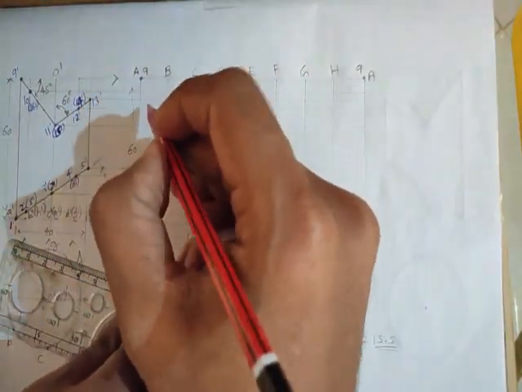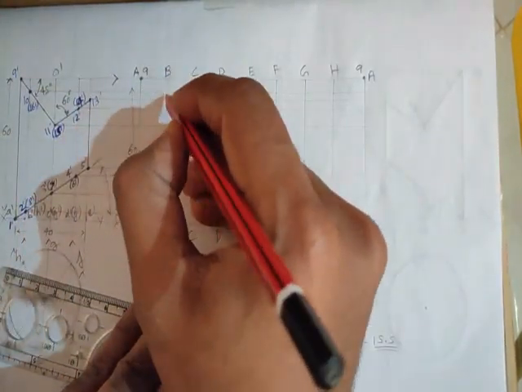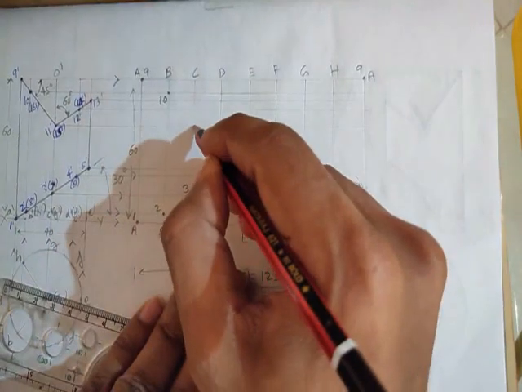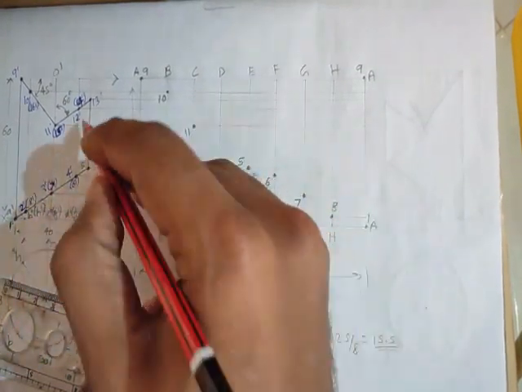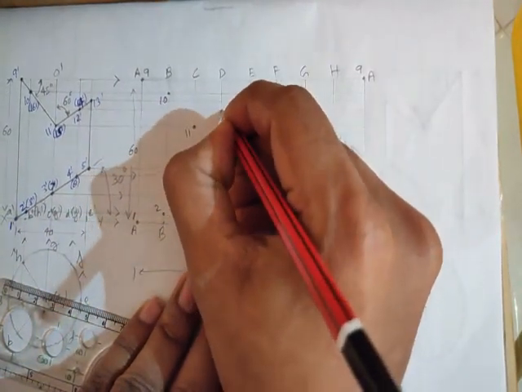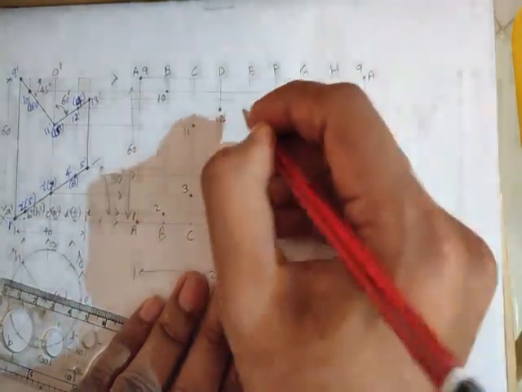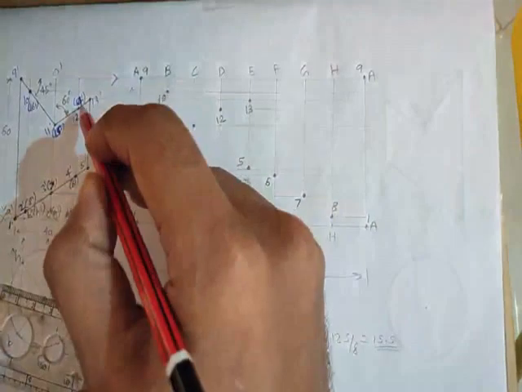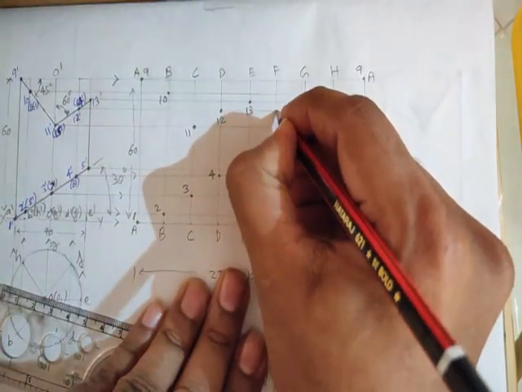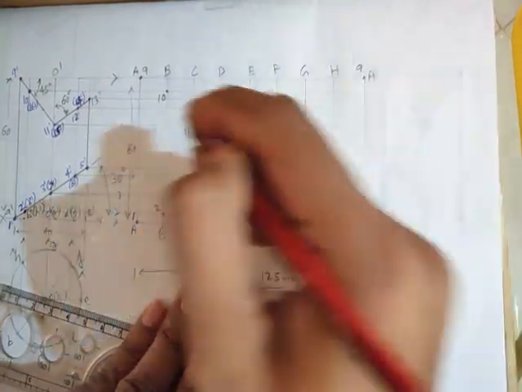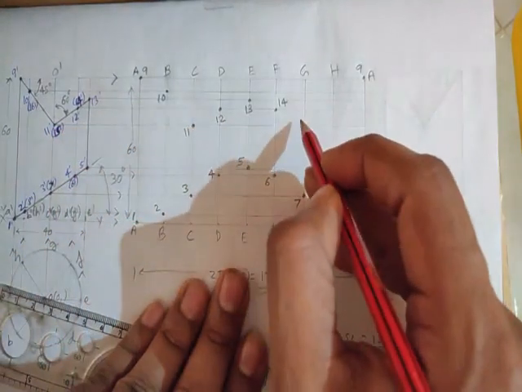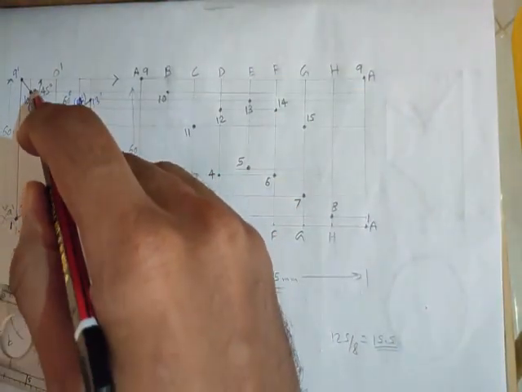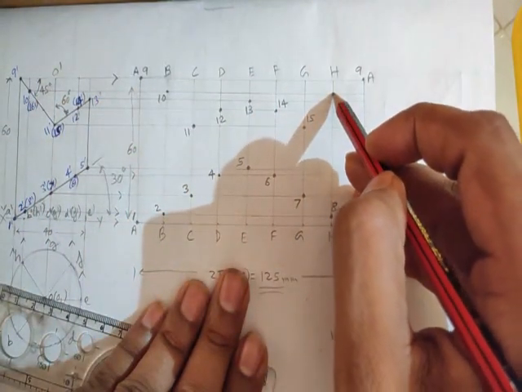Okay, now 10 is intersection with B, so 10 and B, that is, this is 10. 11 is intersection with C, so this is 11. 12 is intersection with D, so this is 12. 13 is intersection with E, so this is 13. 14 is intersection with F, so this is 14. 15 is intersection with G, so this is 15, and last 16 is intersection with H, so this is 16.